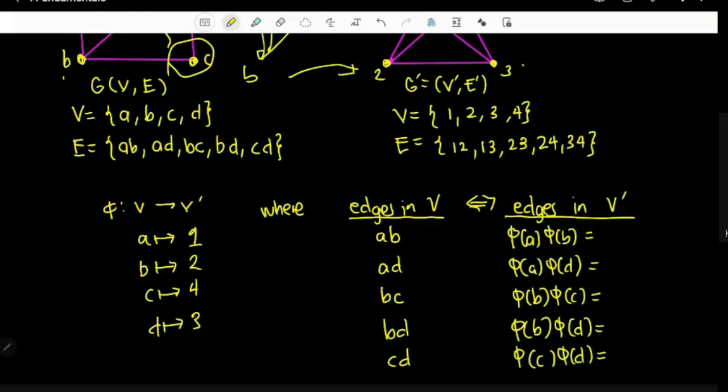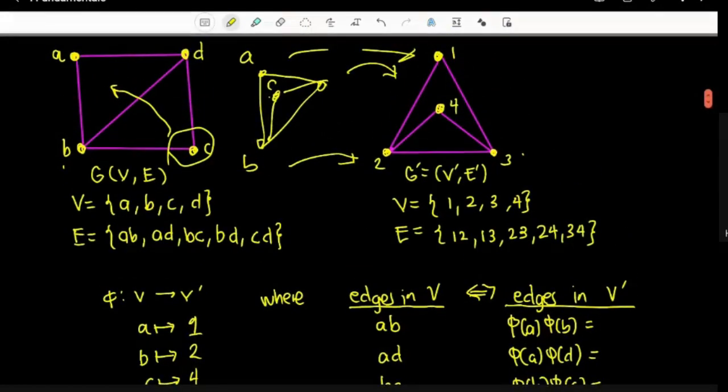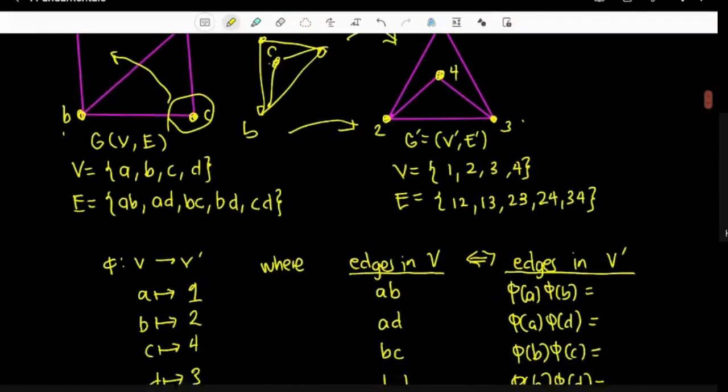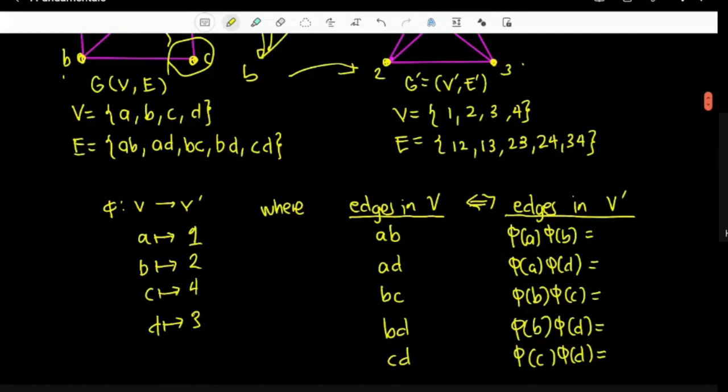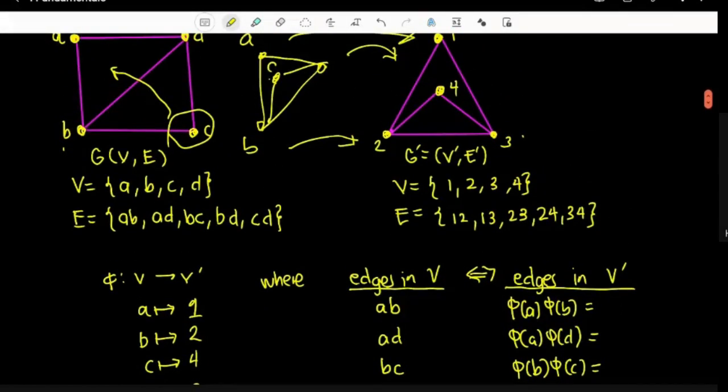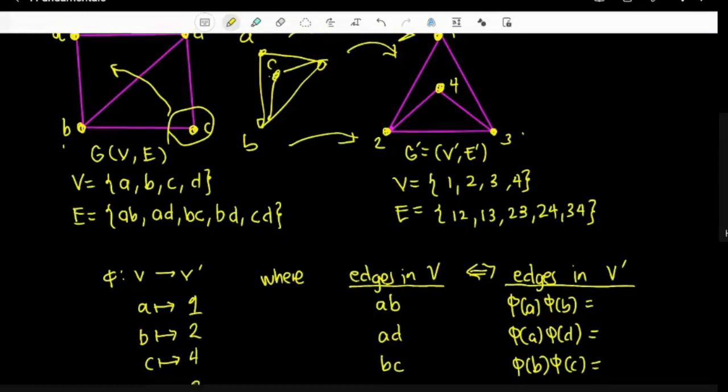Now, how do you know that it's an isomorphism between the graphs? You should be able to identify the edges on G to be the edges on G prime. So, pag ang AB ay edge sa V, dapat yung image ng AB ay edge din sa V prime. So, let's see.